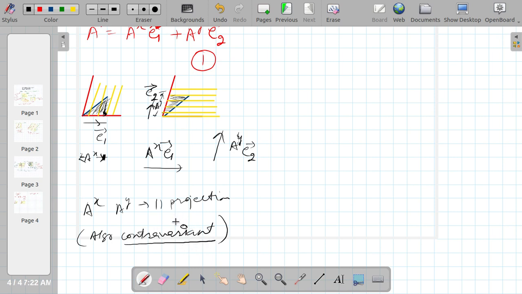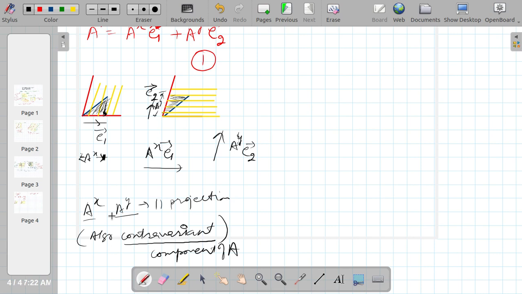Contravariant, for the parallel projection, we are using as components of A. This is just to make a difference from the covariant formalism, where we will use the perpendicular projections. And these are the standard notations. Need not worry about why we are taking them. They are simple notations.